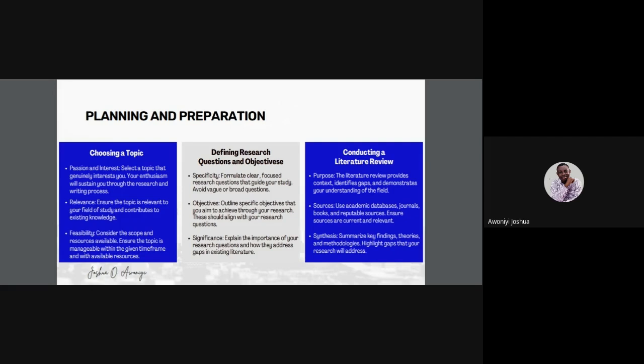The second point that you need to take note of is defining research questions and objectives. You have to be very, very intentional about the specificity of your research, right? It must be specific enough. It shouldn't just be something that someone else has done before, or probably just getting the topic online and then you twist it.